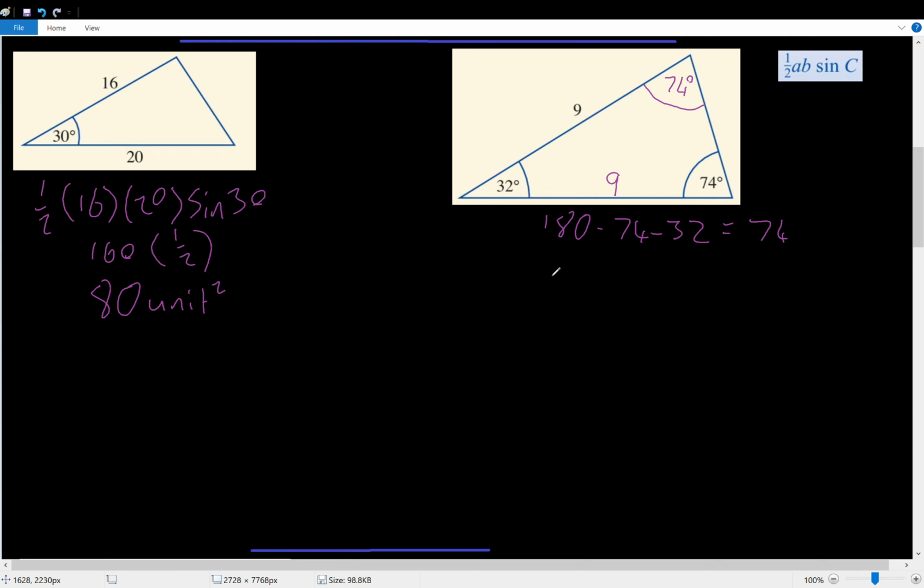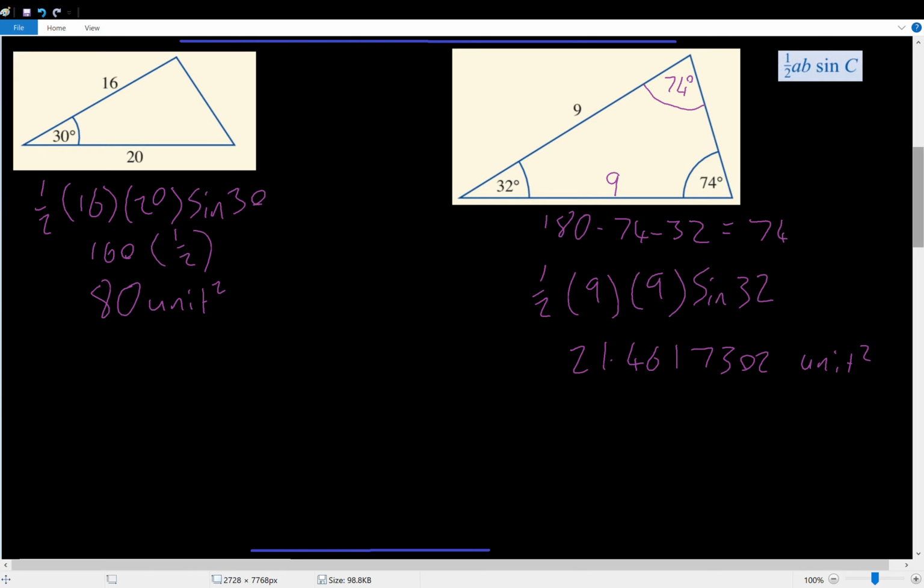The area for this triangle is going to be 1/2 times 9 times 9 times the sine of 32. If we stick that straight into a calculator, we'll get 21.4617302 units squared. Nice and straightforward.